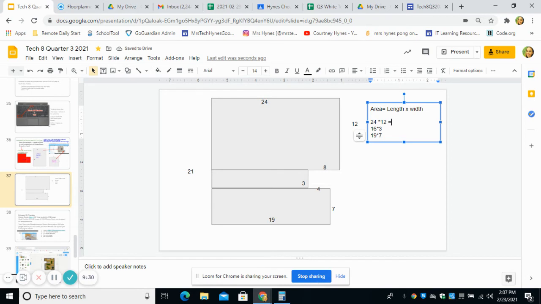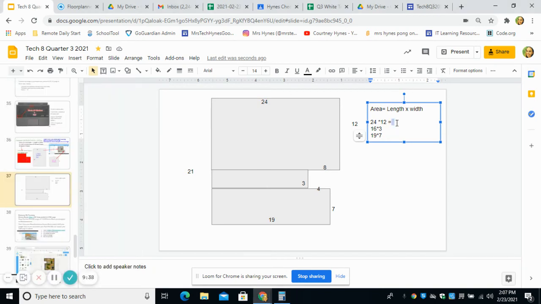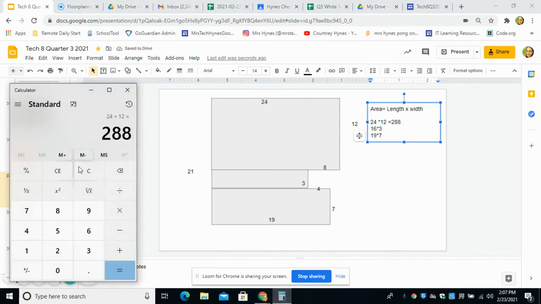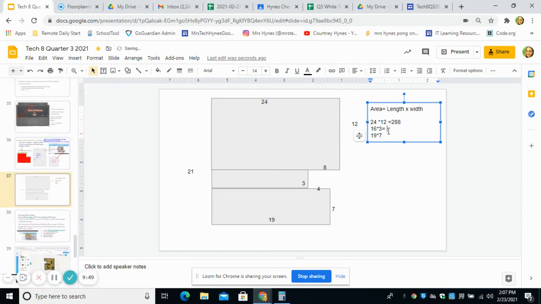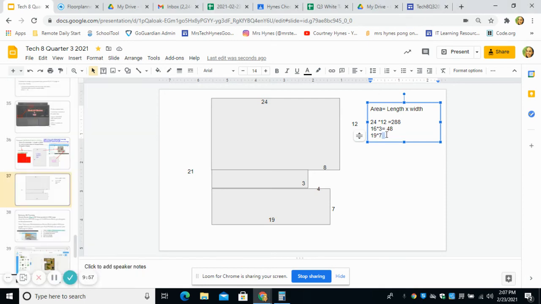So on my calculator, I'll clear that out. 24 times 12 equals 288. Bam, for that one. 16 times 3, 48. And our final, 19 times 7, 133.